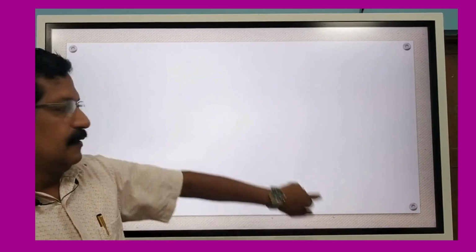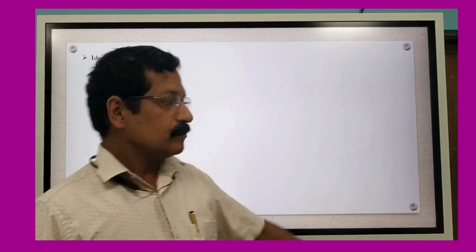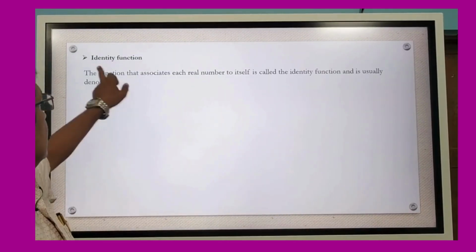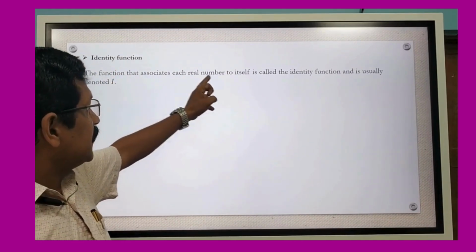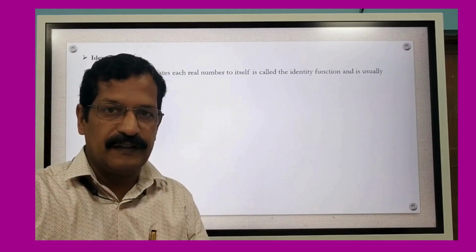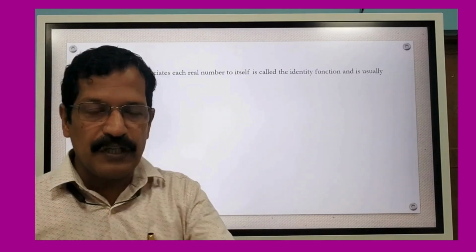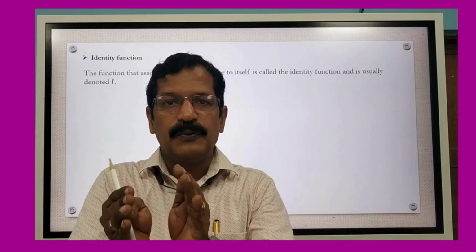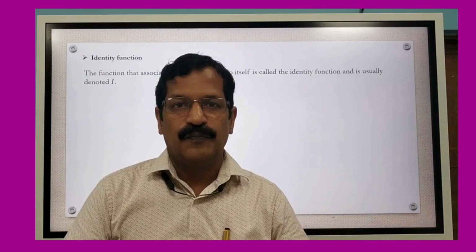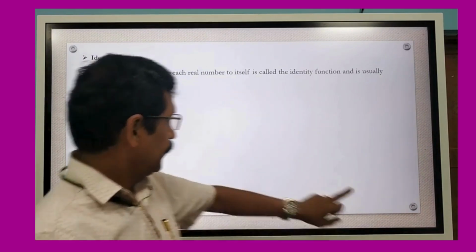Let us discuss the identity function now. Dear children, the function that associates each real number to itself is called the identity function and is usually denoted by capital I. So every element is mapped to itself. Then that function is called the identity function.